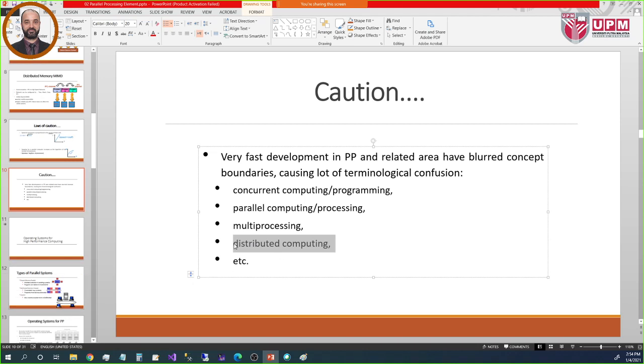Yes, sir. Yeah, distributed computing is like the cloud. In the cloud, we have a very big data center with a huge number of computers or servers connected to one controller, to appear to users as one unit.